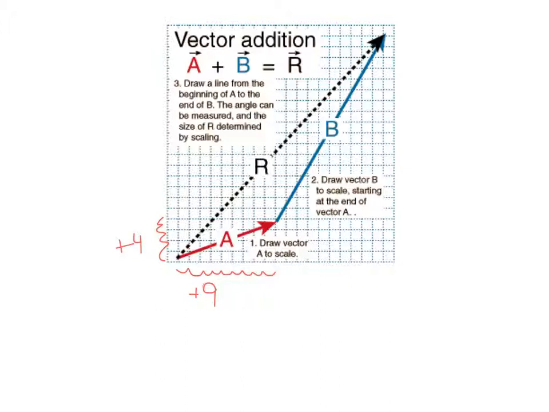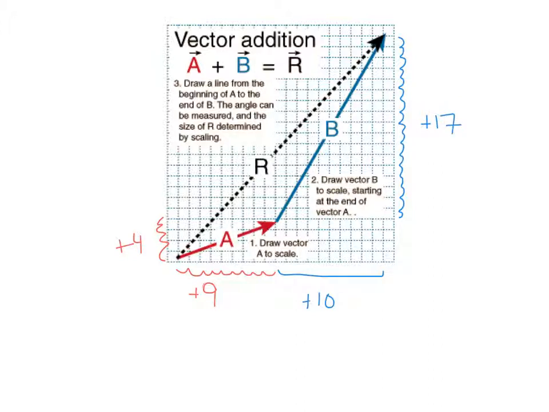9, 10 units over. Let's use blue for vector B. It goes 10 units over and upward of, oh gosh, let's see. 1, 2, 3, 4, 5, 6, 7, 8, 9, 10, 11, 12, 13, 14, 15, 16, 17. And that's why we use axis labels when we draw a real graph, right?